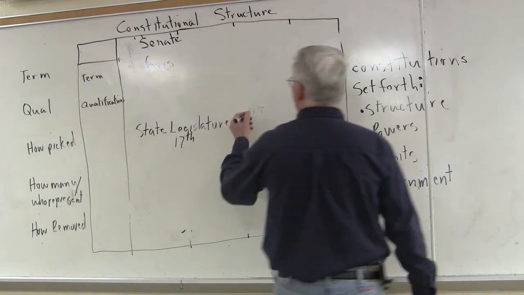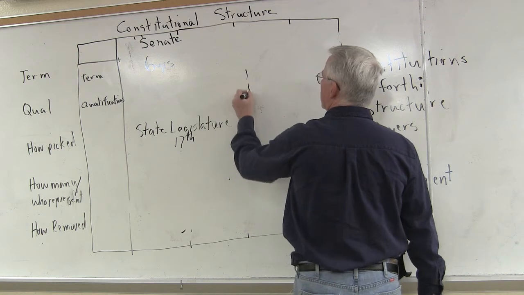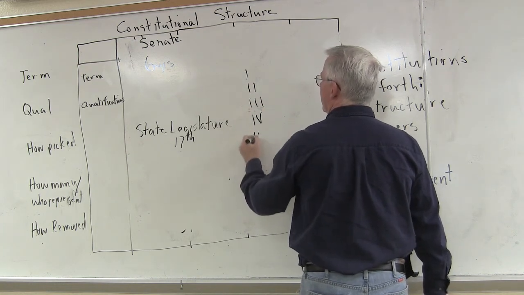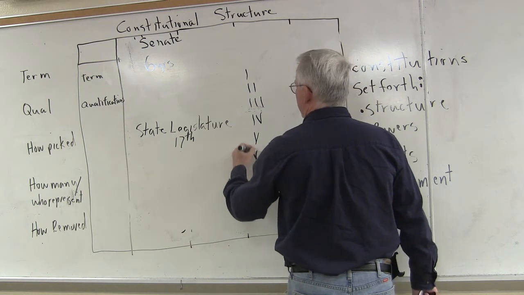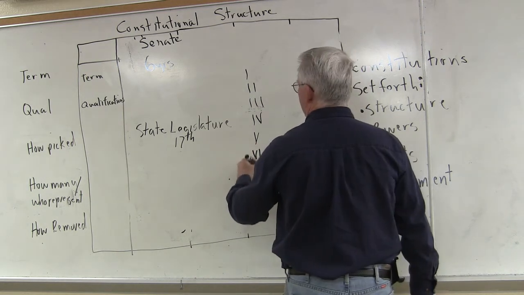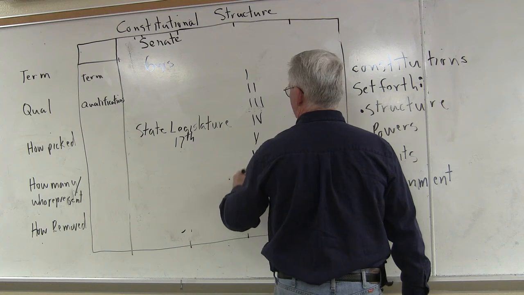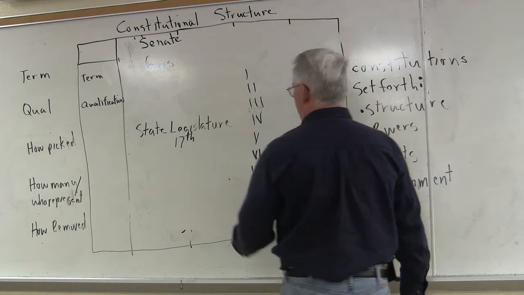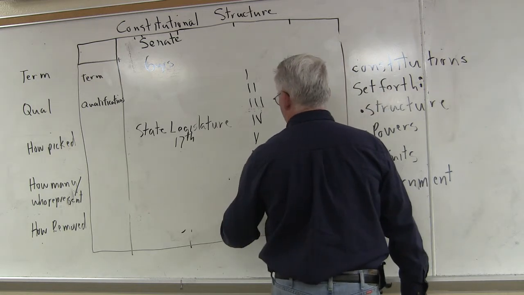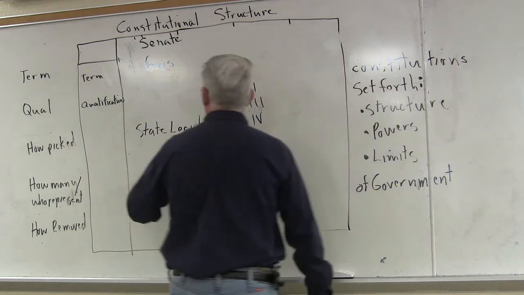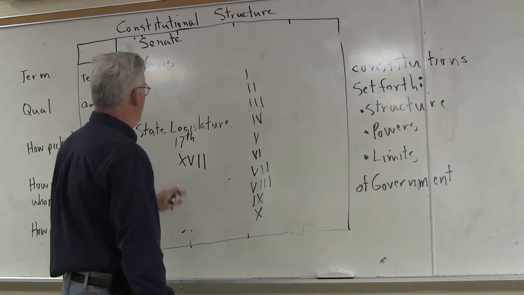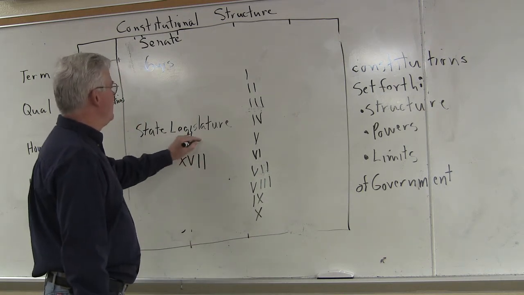Everybody remember Roman numerals? 1, 2, 3, 4, 5, 6, 7, 8, 9, 10. What's 17th? Well, that would be 10, 5, 2. That's 17, right? Go read the 17th Amendment.